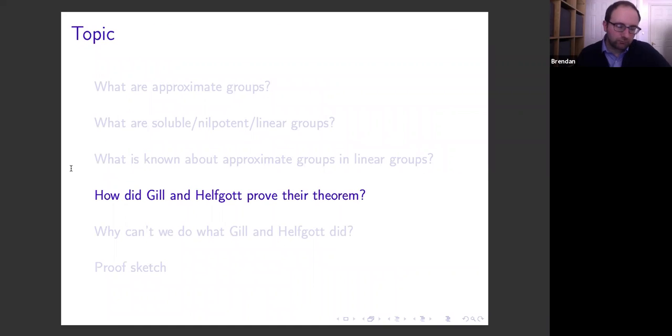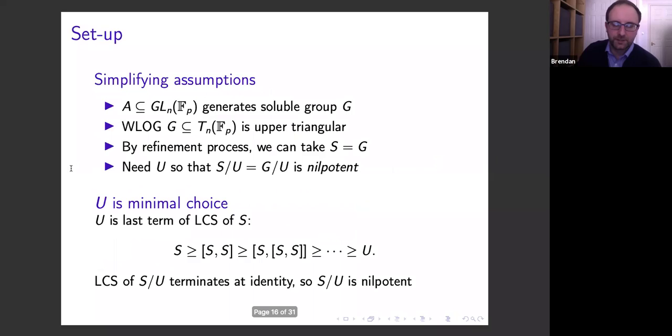Okay, so we'll look back and see what Gill and Helfgott did, because actually the strategy I use is broadly the same as theirs. The main differences are technical in some sense. Their strategy is pretty natural. So this is the setup.